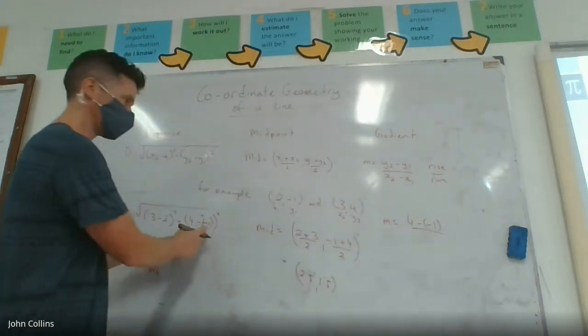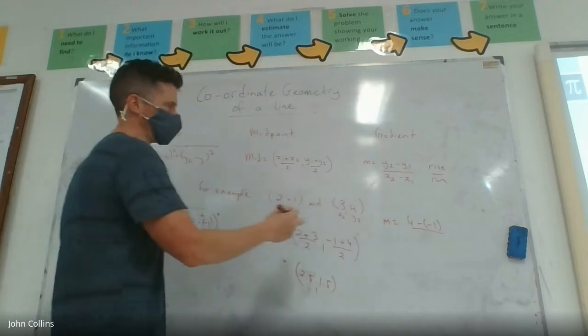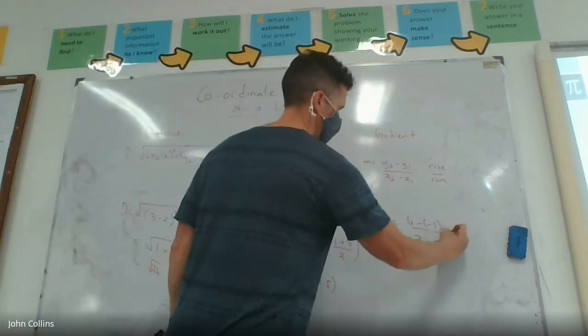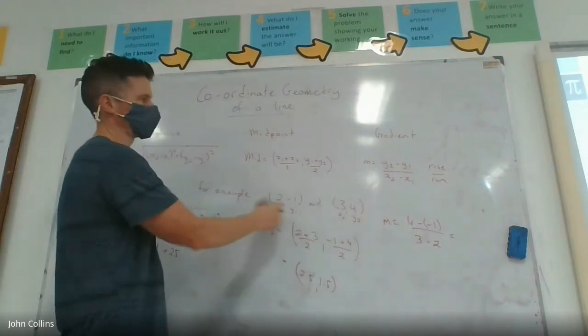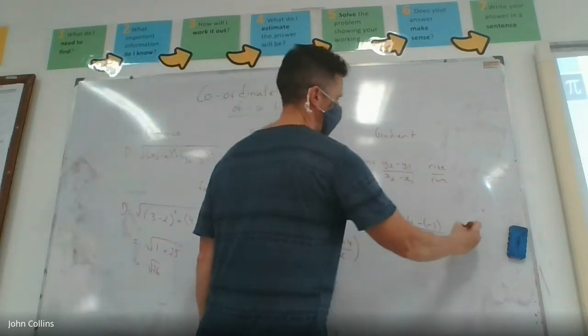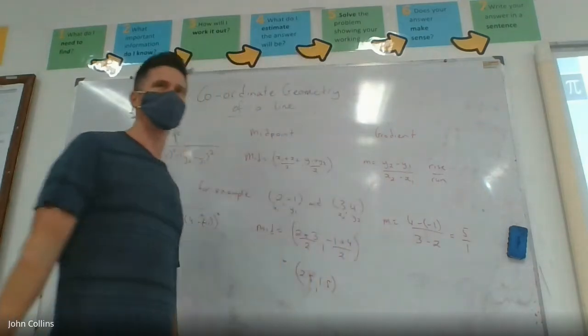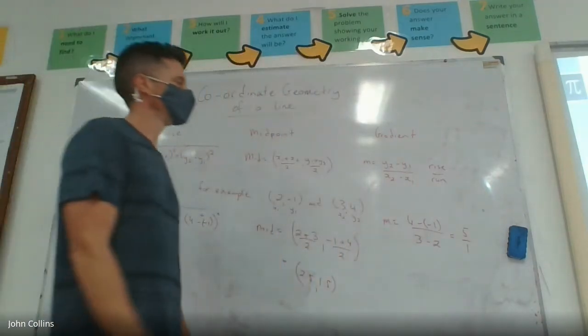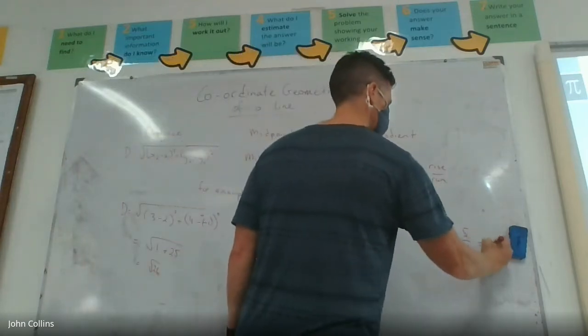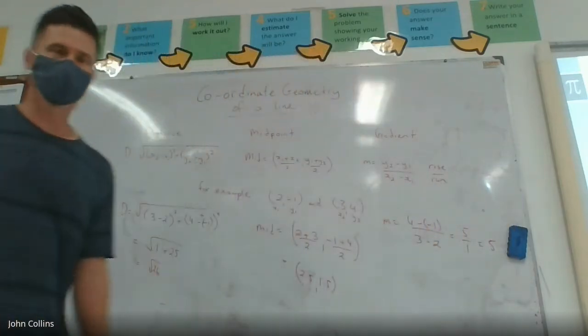It's the same distance as here. And 3 take away 2 below. That's x2, take away x1. 4 plus 1 is 5. 3 take away 2 is 1. No negatives anywhere to make it negative. So my slope is just 5 over 1.